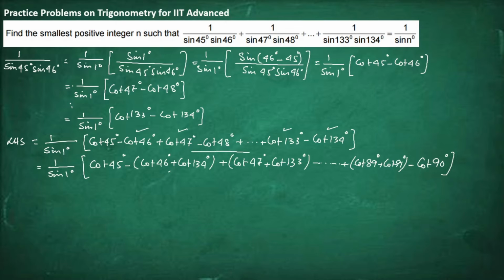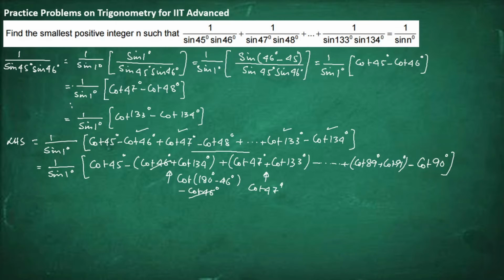Cot 46 degree plus cot 134 degree. This one will give you what? Tell me fast. Cot 134 degree can be written as what? Cot 180 degree minus 46 degree. So that will give you what? Minus cot 46 degree, right? So this and this will go off. Similarly, you see this. It's cot 47 degrees.